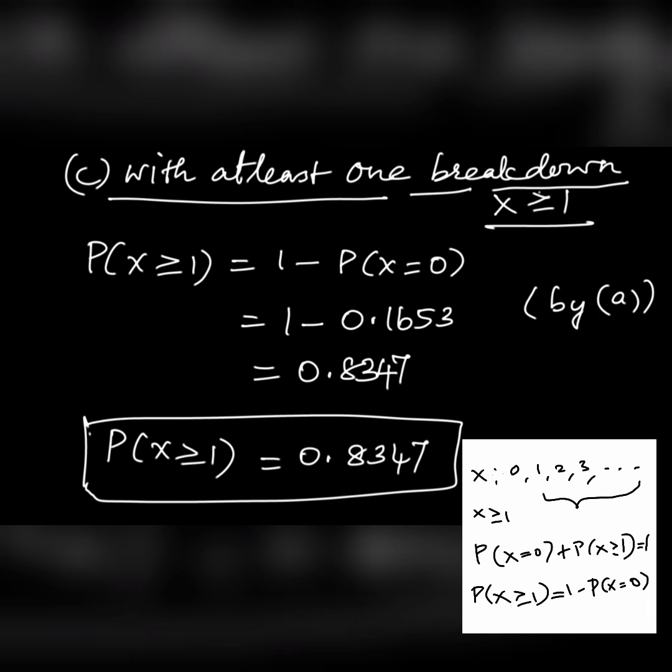The third subdivision is with at least one breakdown, x greater than or equal to 1. At least one breakdown means a minimum of one breakdown may occur. The maximum limit is not given, so we write P of x greater than or equal to 1, which means we are taking at each point 1, 2, 3, all the counts, and the respective probability values should be added.